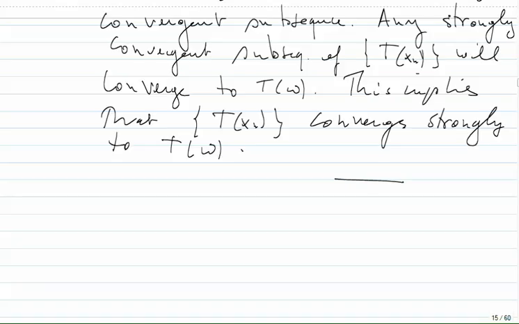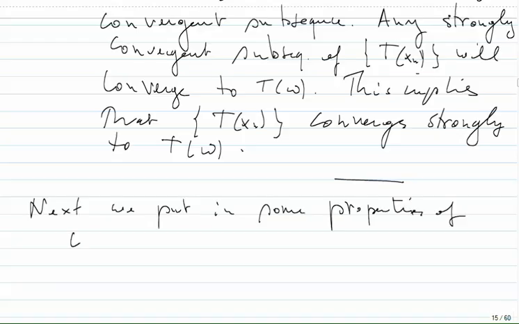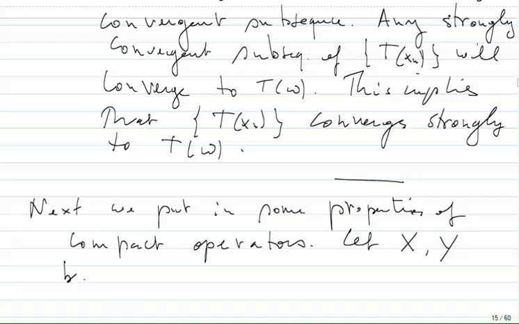Okay, next we summarize, we put in some more properties of compact operators. But before that, because I will keep saying compact, let X, Y be two normed vector spaces.